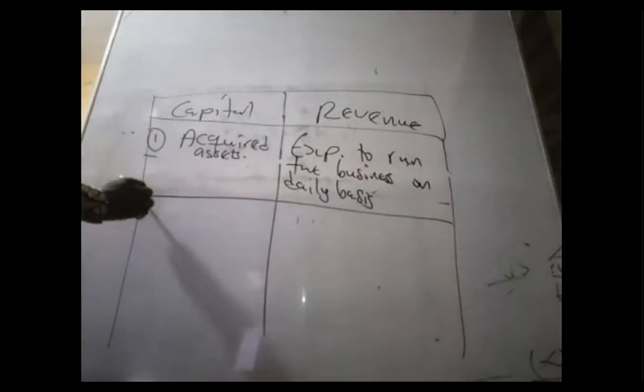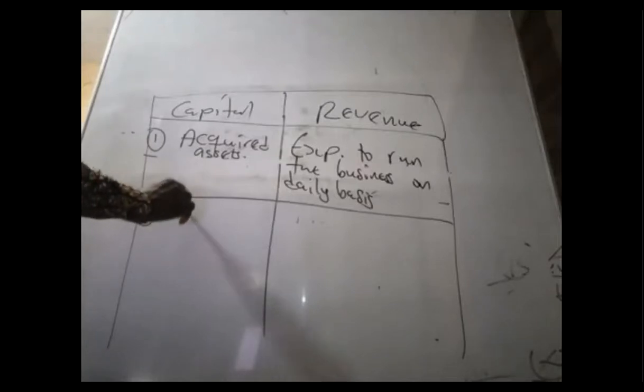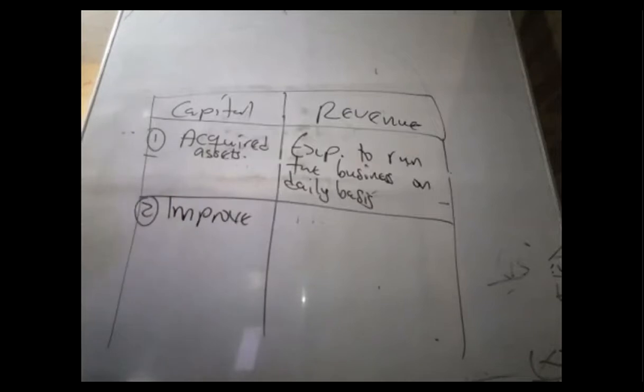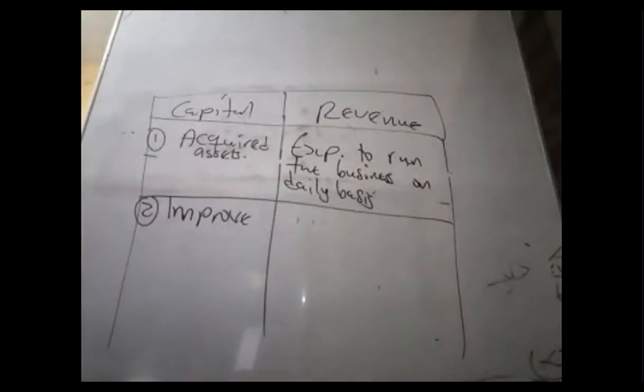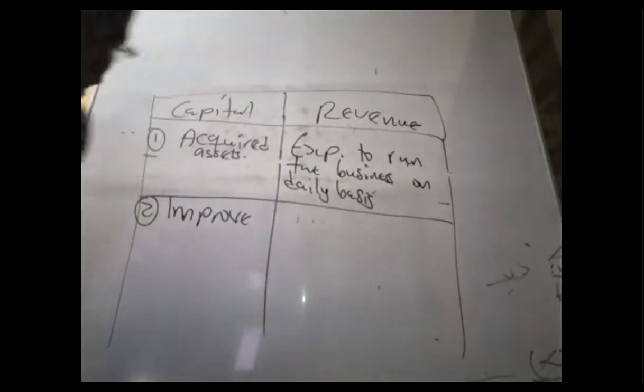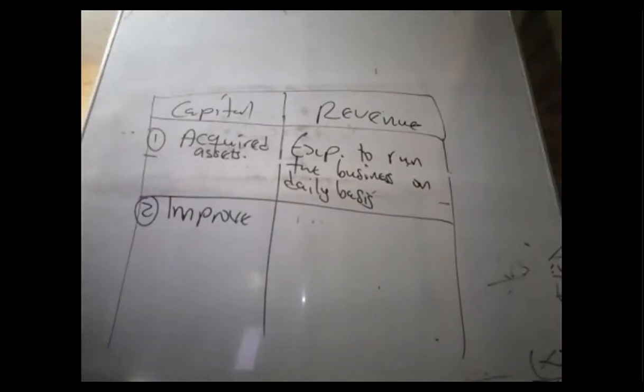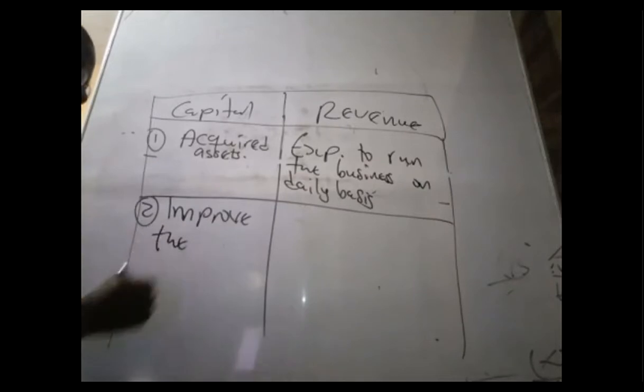Again, capital expenditure can also mean expenditure incurred to improve existing assets, like modification, expansion of an asset, replacement of an asset. So, expenditure incurred to improve the assets.